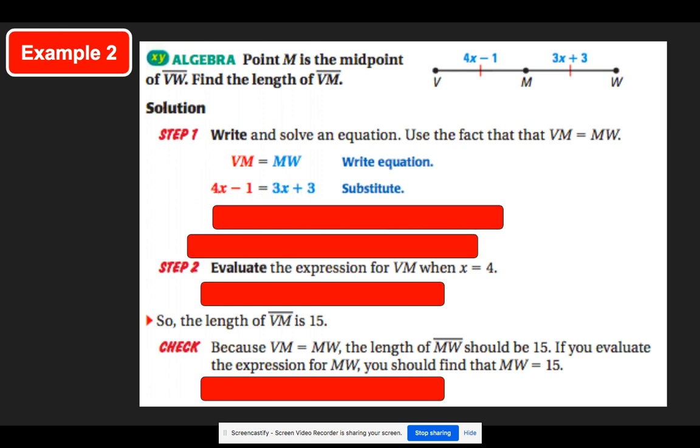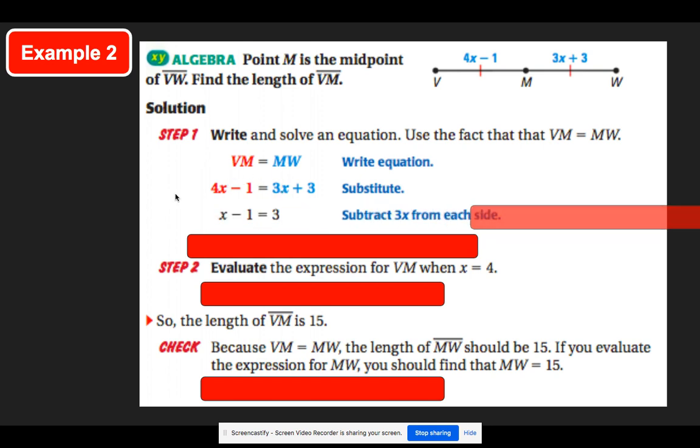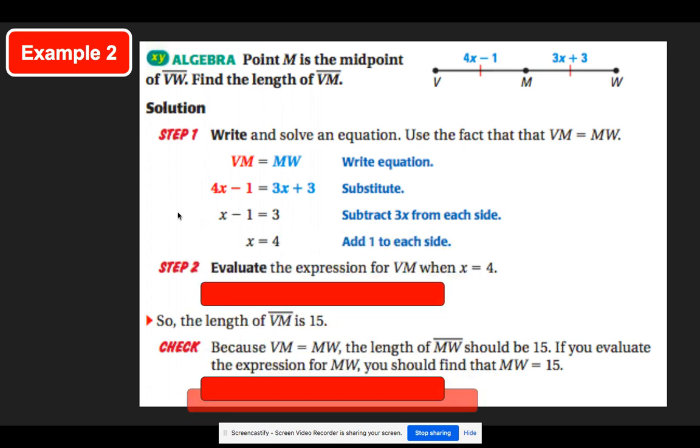Now I just need to solve. Generally, when I'm solving an equation where x is on both sides, I subtract the smaller x first. So I've subtracted 3x from 4x, and I'm left with just x. So I have x minus 1 is equal to 3. Now isolating the x, I add the 1 over and get x is equal to 4.